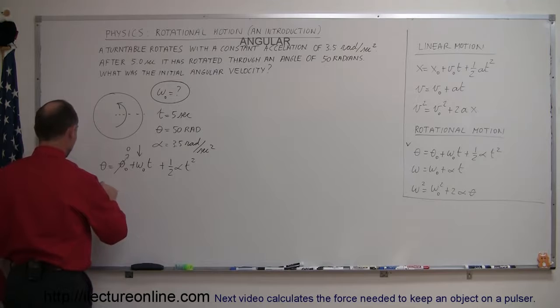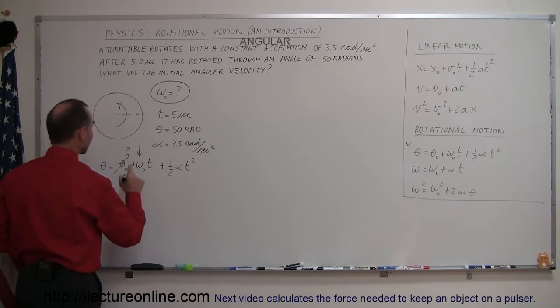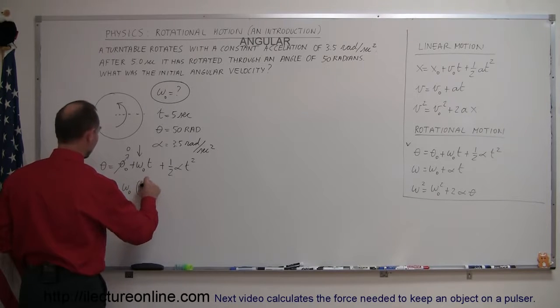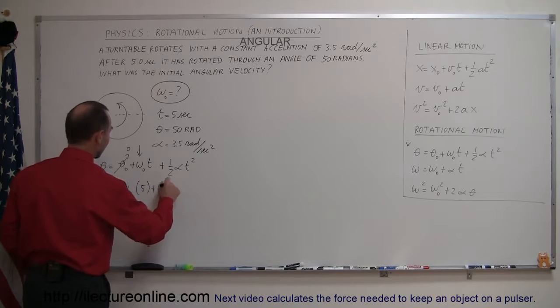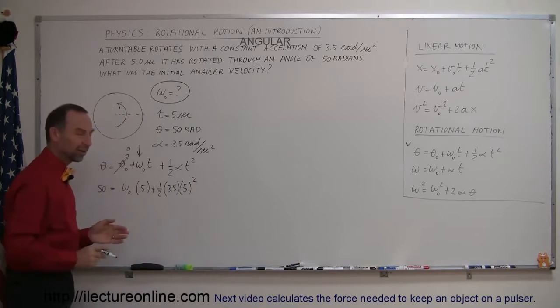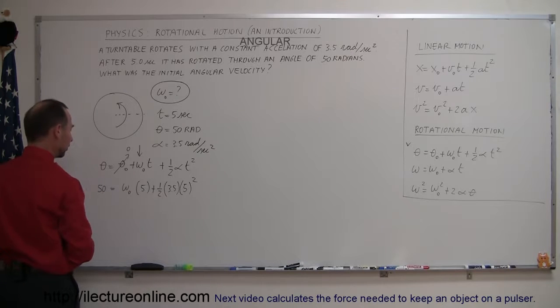So we have 50 radians is equal to omega initial, which is what we're looking for, times the time. The time is 5 seconds, plus 1/2 times the angular acceleration of 3.5 radians per second, times time squared, which is 5 squared. Now notice I did not put in the units because it gives us a cleaner equation to work with, and this is the variable that we're looking for.